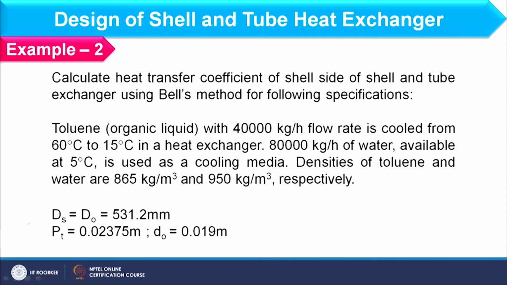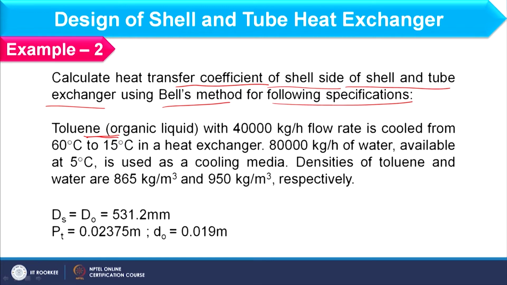So, let us start with example 2. In this example, you have to calculate heat transfer coefficient of shell side of a shell and tube heat exchanger using Bell's method for the following specifications.